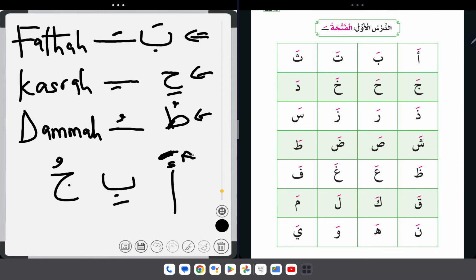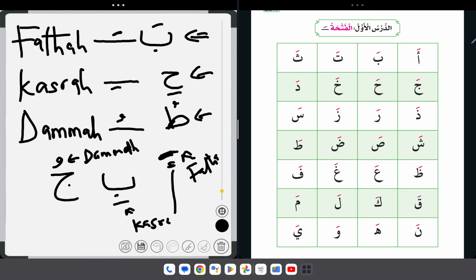So here is Fatha, here is Kasra, and here is Dhamma. So these are the vowels we'll be learning for now. And we are going to learn them one by one.